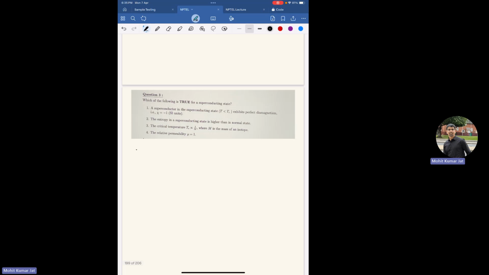What is chi? Option 1: magnetization M equals chi times H, and for a perfect superconductor, from the Meissner effect, a superconductor expels the magnetic field. Perfect diamagnetism corresponds to susceptibility chi equal to -1, because it can generate whatever amount of current is required to expel the magnetic field.